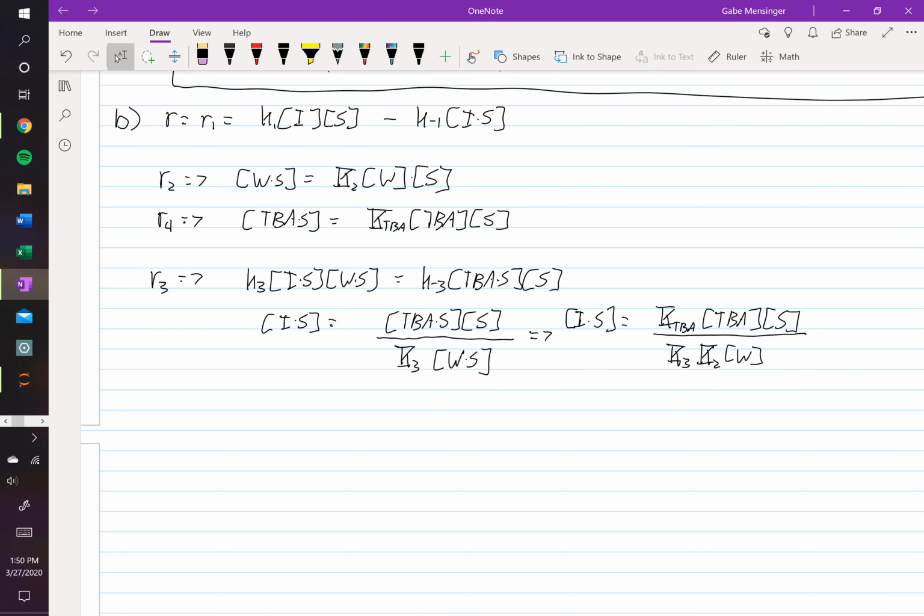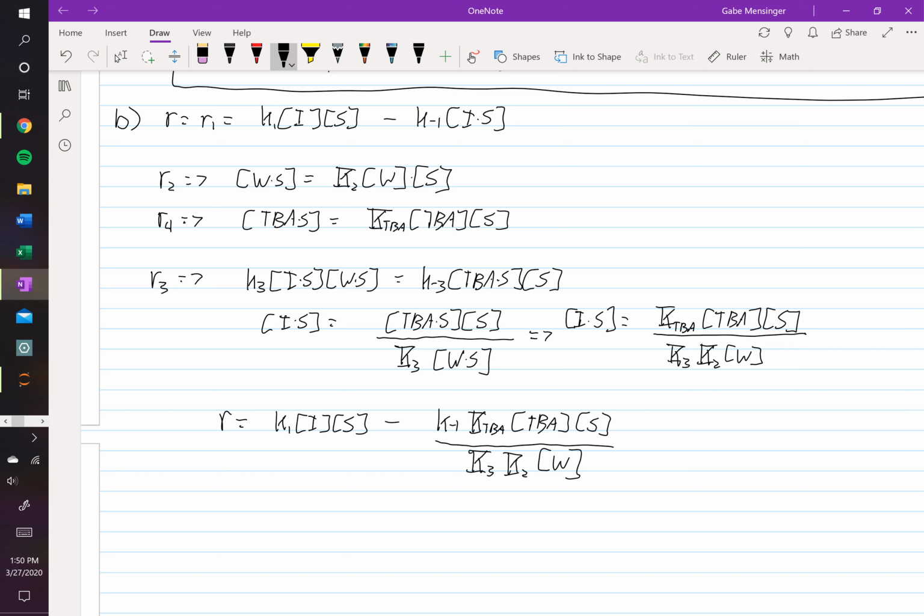So going back into the overall rate, R is equal to K1 times I times S minus K minus 1 times capital K TBA times TBA times S over capital K3, capital K2 times W. All right.